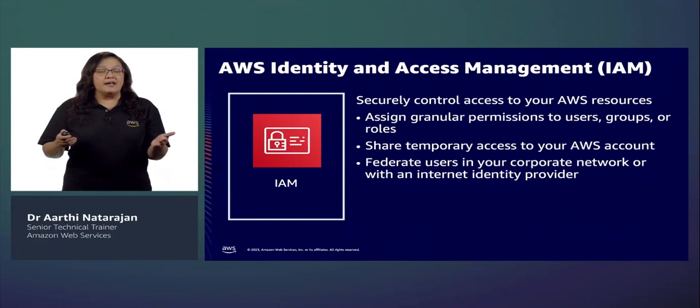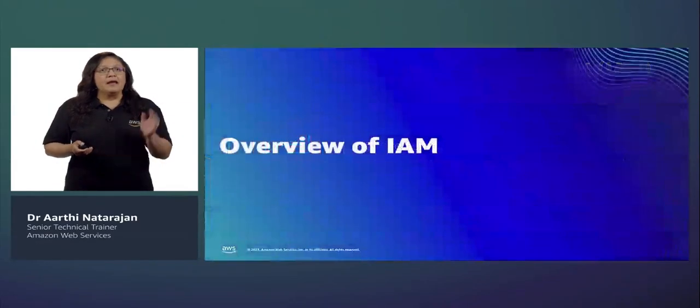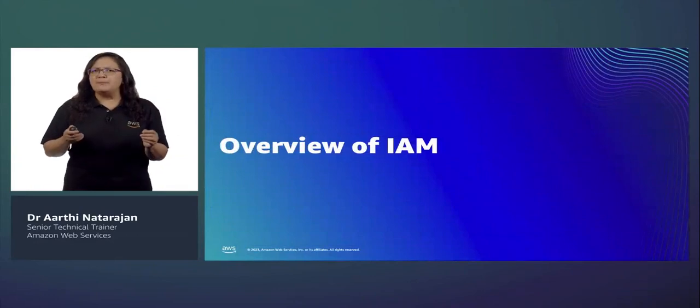You can assign granular permissions to users, groups, and roles. You can share temporary access to your AWS account and also federate users from your corporate network or with a web-based identity provider. Let me now take you through some whiteboarding to understand the core components of IAM.